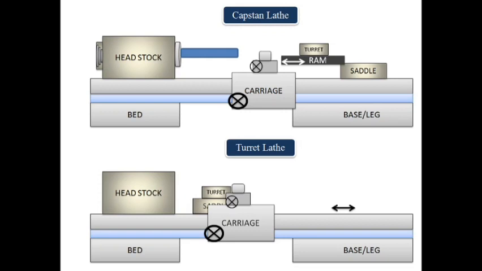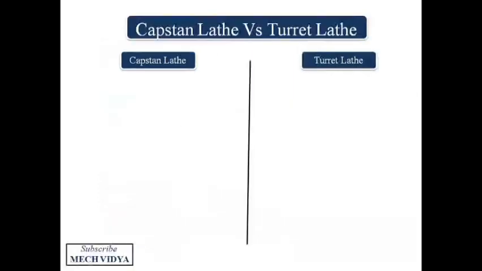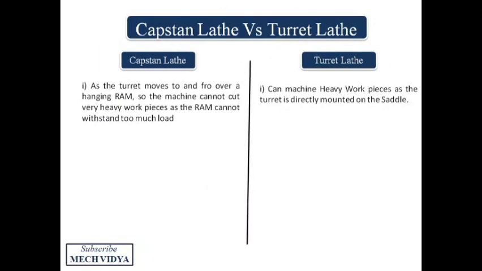Now, since the turret in the Capstan lathe is mounted over the ram, it cannot machine very heavy cuts, as the hanging ram cannot withstand much forces. However, in turret lathe, as the turret is fixed over the saddle, it can cut heavy workpieces.